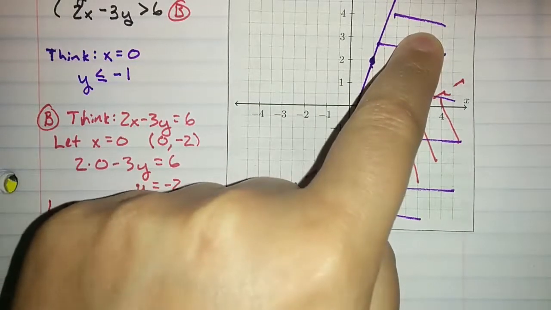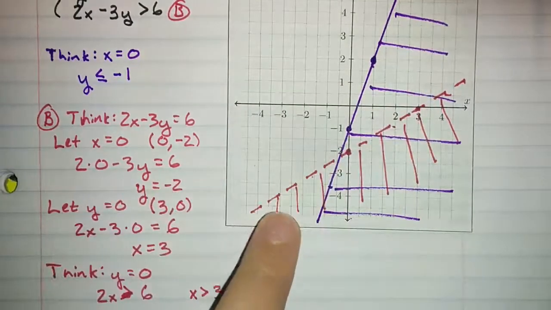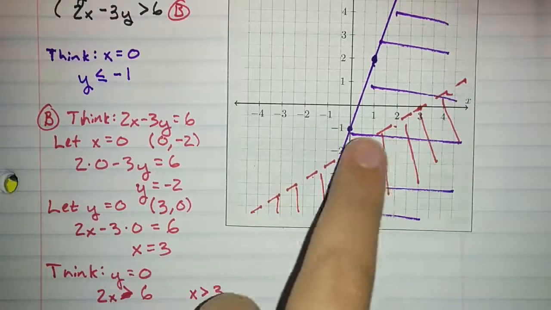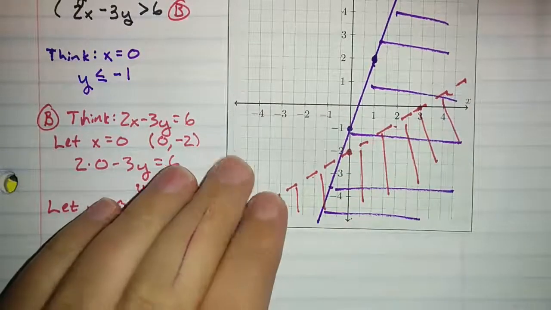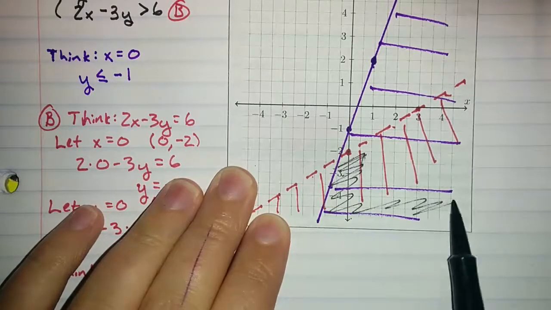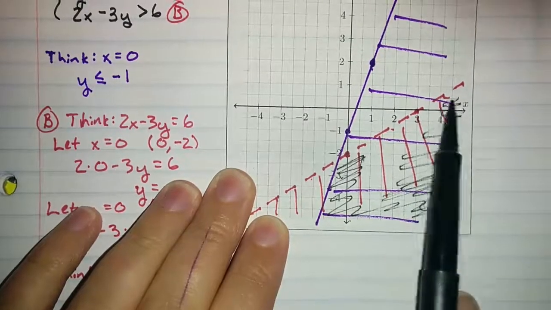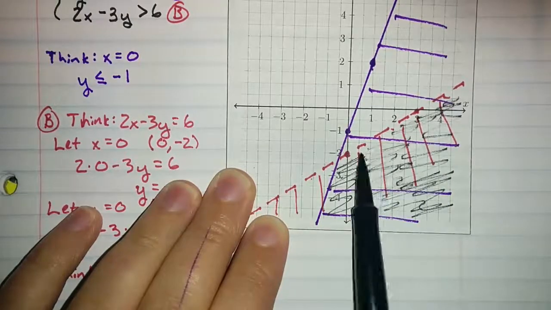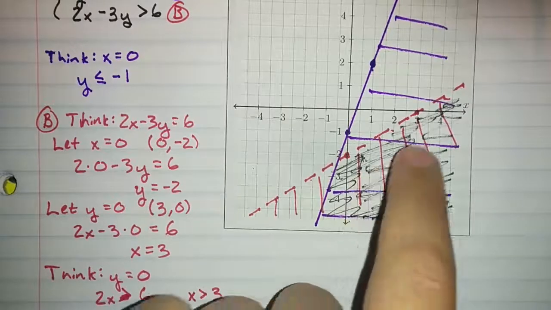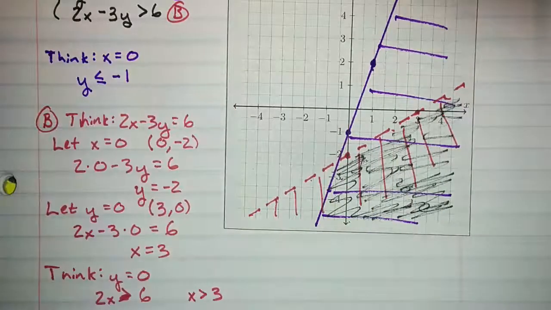Points up here satisfy A and not B. Points down here satisfy B and not A. What we're looking for is this overlap region. This region is the solution to the system of inequalities.